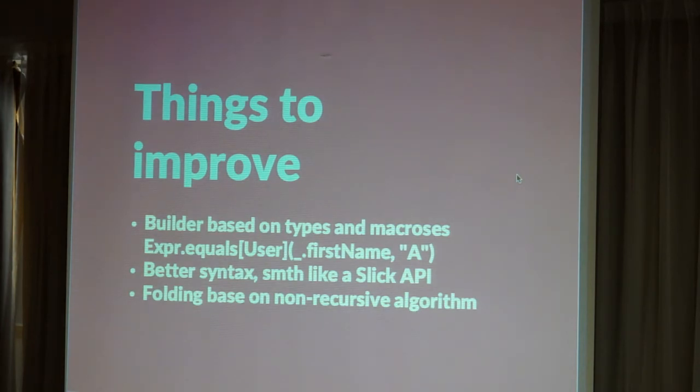Okay, but there are still some things that could be improved. First of all, we can add some types to our DSL. Here you can see that I add to Expression Equals some type of User, and with the first parameter, which is just a pointer to some field, we can calculate the second parameter type. And with this type, we can provide some implicit converters, for the current example, from Scala String to the string value of our tree.